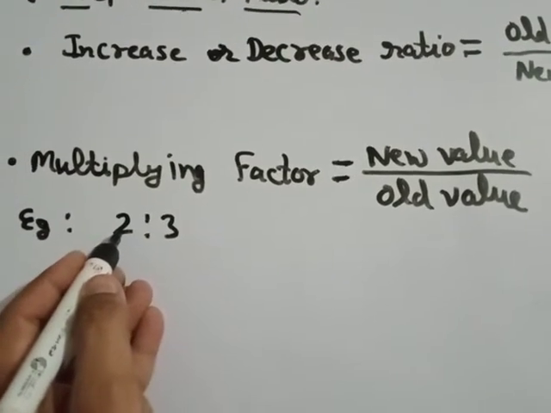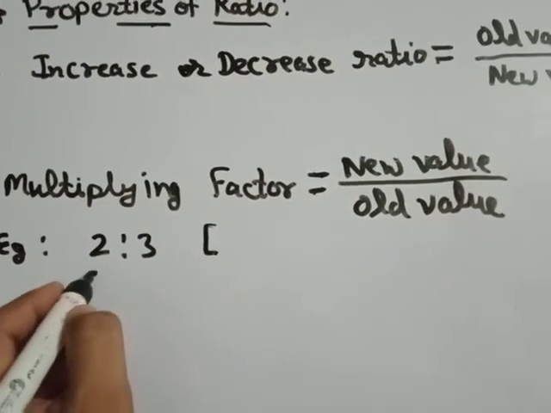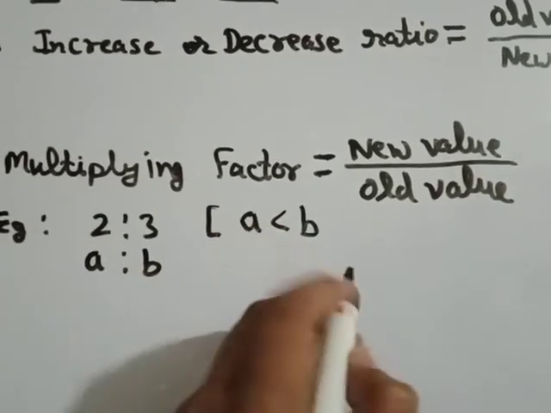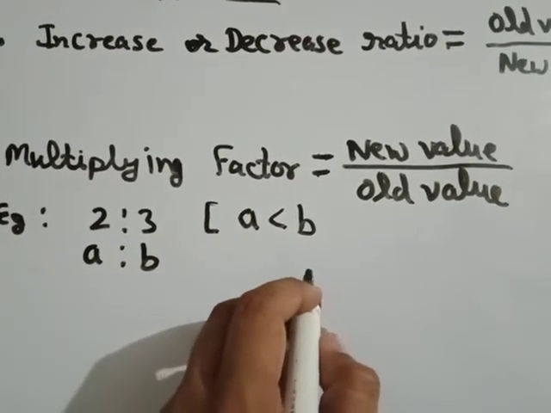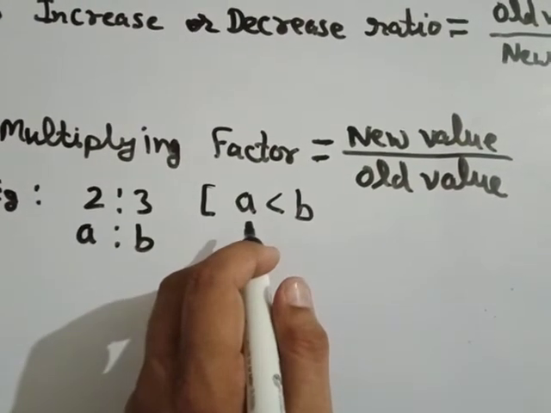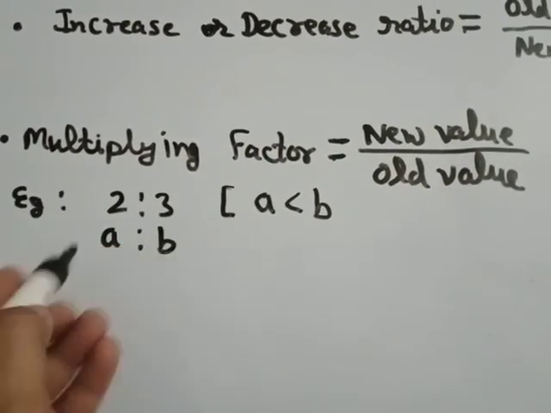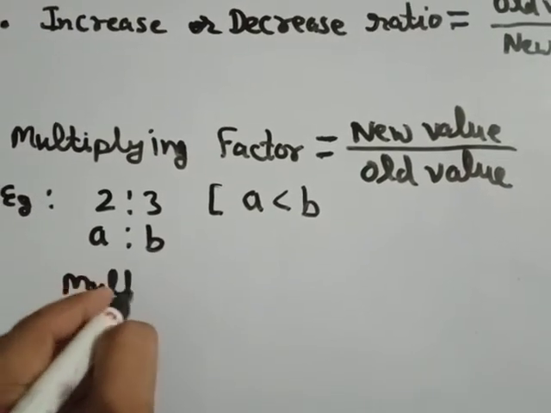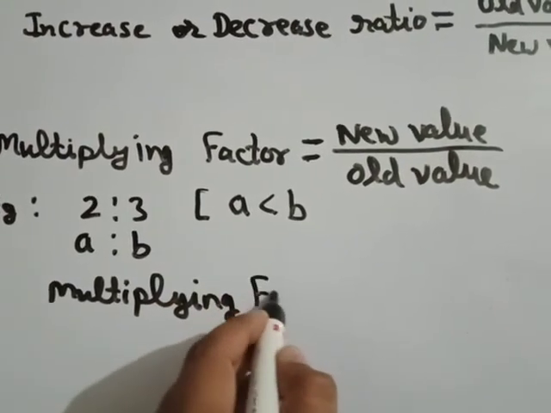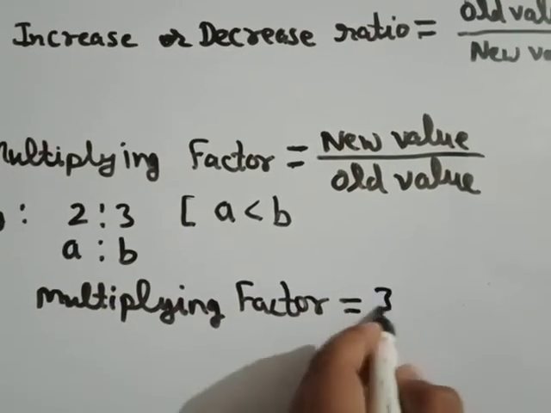This is the first term, antecedent, or we take A ratio B. Whenever A is smaller than B, meaning antecedent is less than the new value, that of the consequent, the multiplying factor, this is an increased value, so the multiplying factor is just the opposite of this one, 3:2.